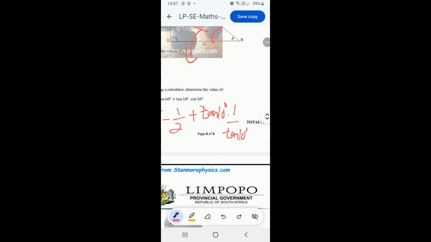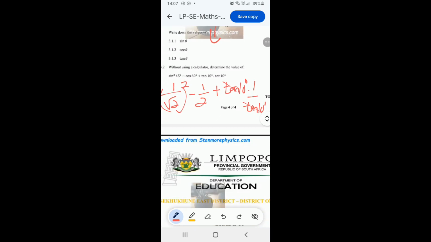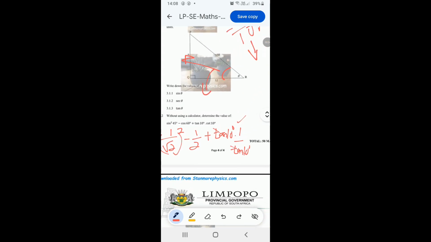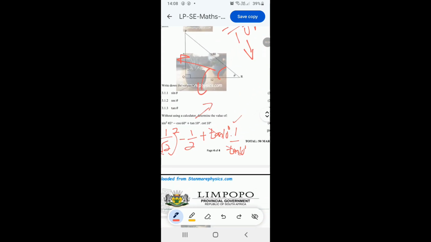So we cancel these ones, and we are left with only that one. Okay, let me create some space. This one we'll simplify with the calculator. We're going to get 1 over 2. Then we have this one, minus 1 over 2, and plus 1. The answer is 1.